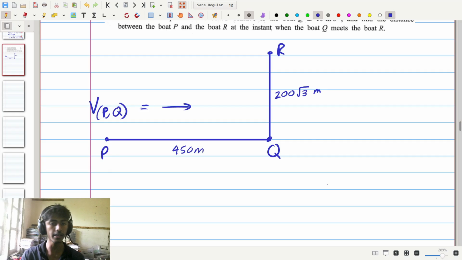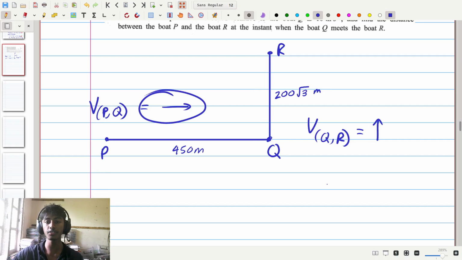Now similarly, if the boat Q intends to reach the boat R, then the velocity of the boat Q relative to R must be in the direction of the vector going from the boat Q to the boat R, or vertically upward like this. So we have an eastward vector like this and a northward vector like this.